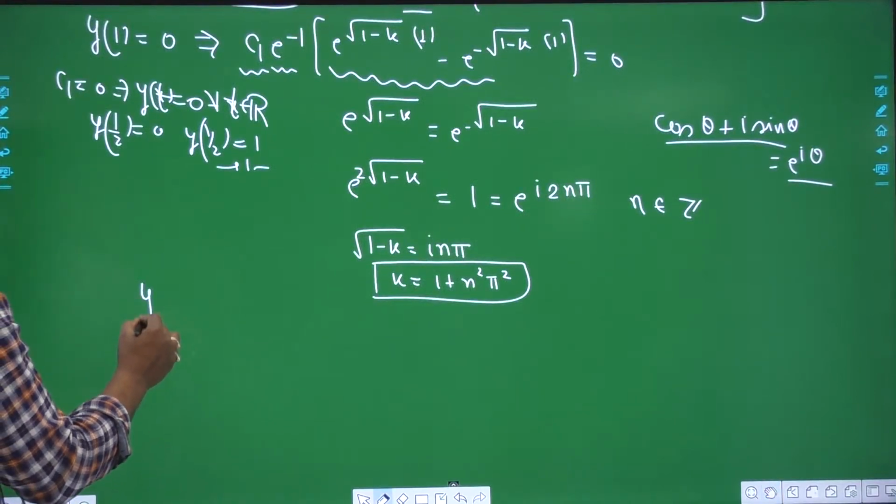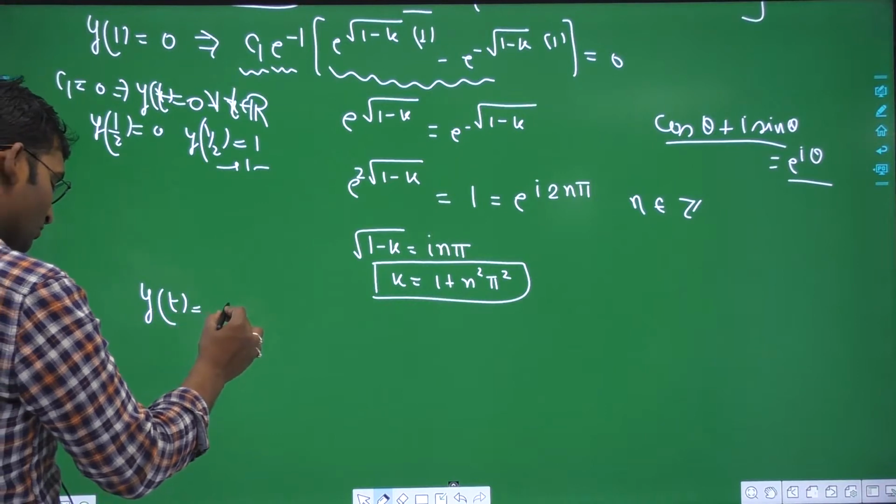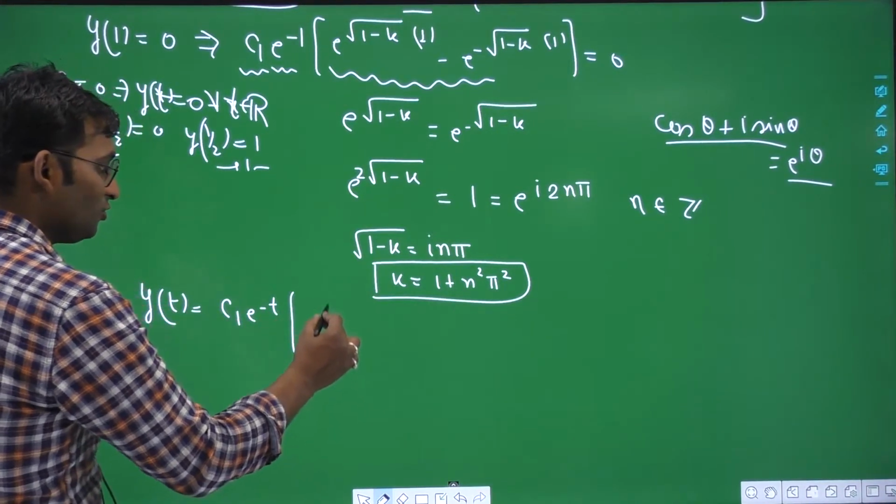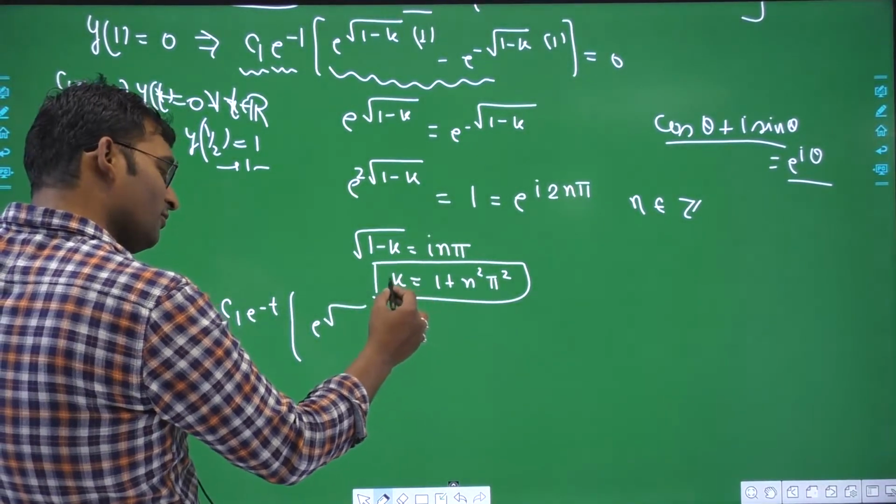Now clearly if I write the solution, y(t) will be equal to c1 into e to the power minus t, and here what was there? e to the power root over 1 minus k. So if you do 1 minus k, what you will get?